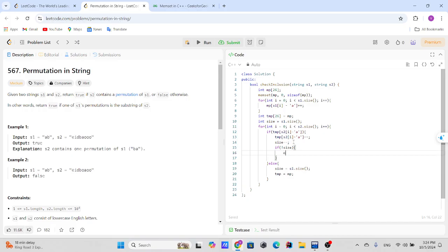Then okay is 1 and break, return true. Okay, actually no need for this. Return false here.